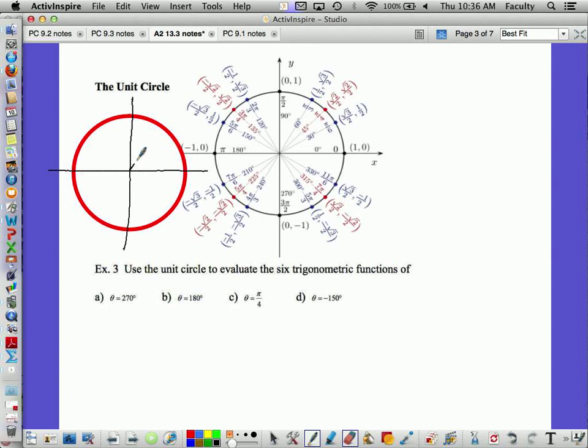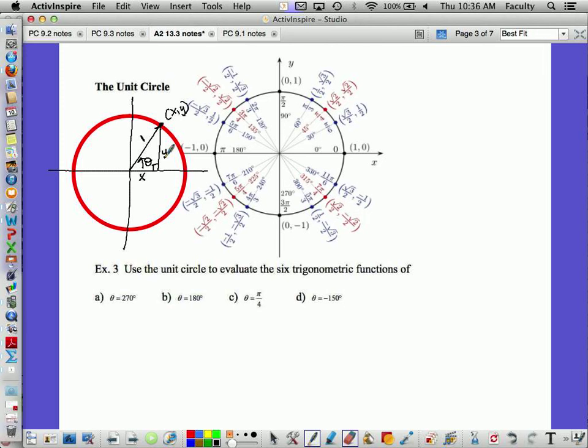If I draw an angle, and the reason why this is called a unit circle is that the radius is 1 unit. And if I drop a perpendicular, if this is the point x comma y, that means I go to the right x and up y units.